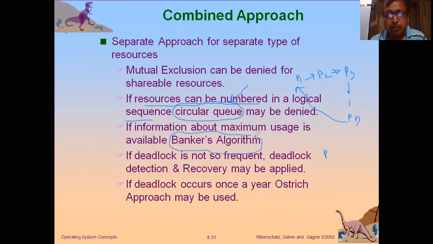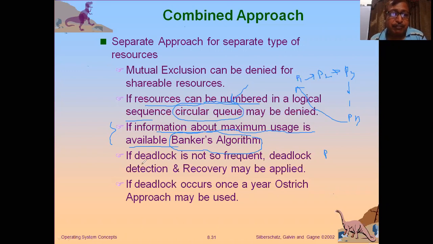If we are able to tell the operating system our maximum demand, each process in the beginning telling its maximum demand, we can apply Banker's algorithm because it is quite general. It can be applied to all kinds of processes. Multiple instances are allowed, although it is resource intensive and we have to apply it at every request, but it is quite general and quite useful.